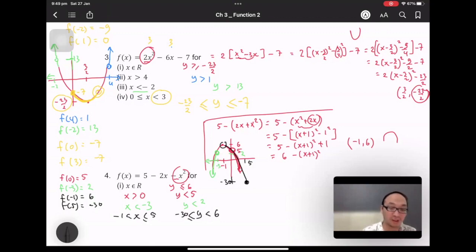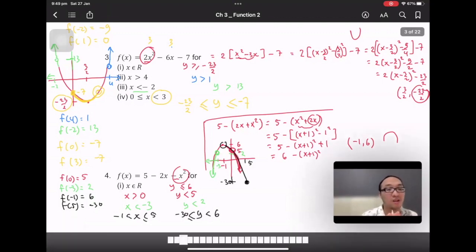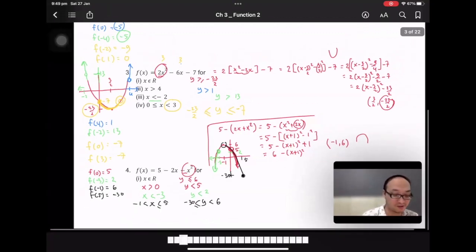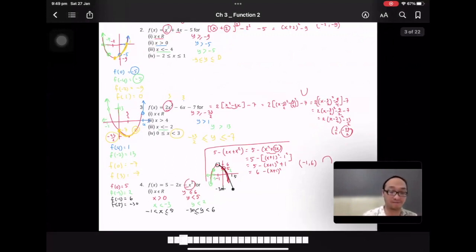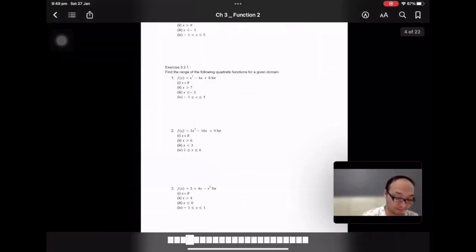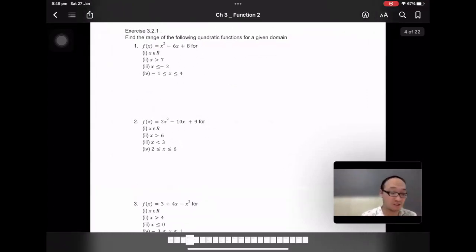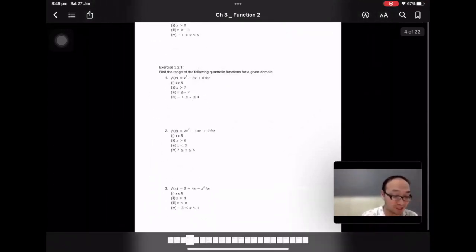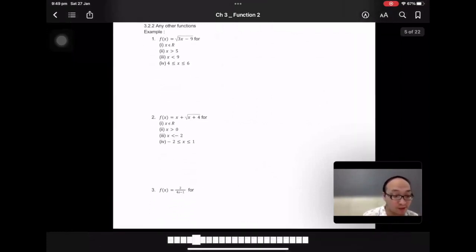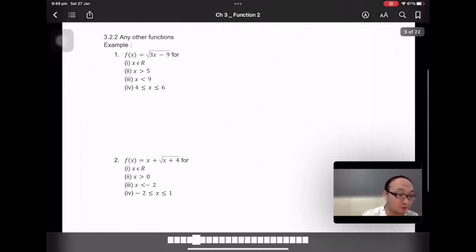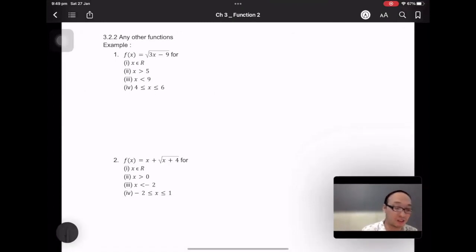So this will be the range for the quadratic function. You can try this exercise for your practice. And then I move to the other function.